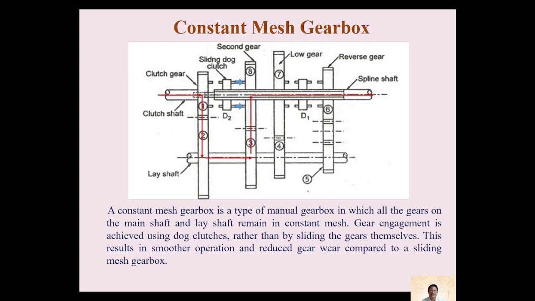This results in smoother operation and reduced gear wear compared to a sliding mesh gearbox. First gear, second gear, lower gear, reverse gear, everything is arranged. There is a sliding dog clutch that will engage the gears to shift or mesh the gears.